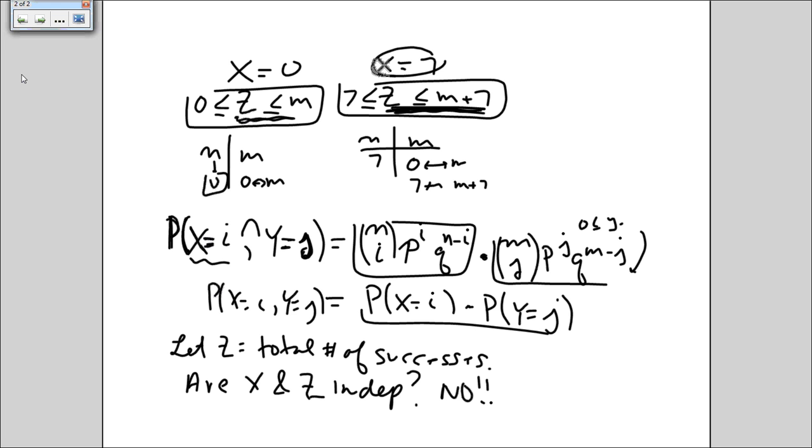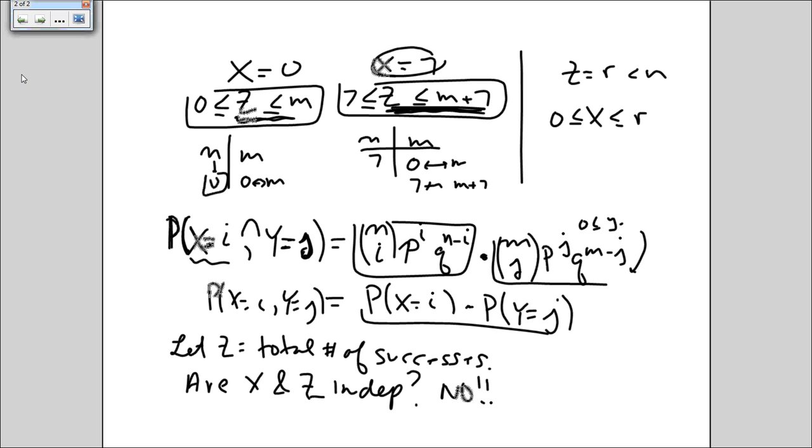Just like if you use Z, it can influence X. For example, if Z was R, which is less than N, what can you tell me about X? It can't be more than R. It just couldn't happen. Okay.